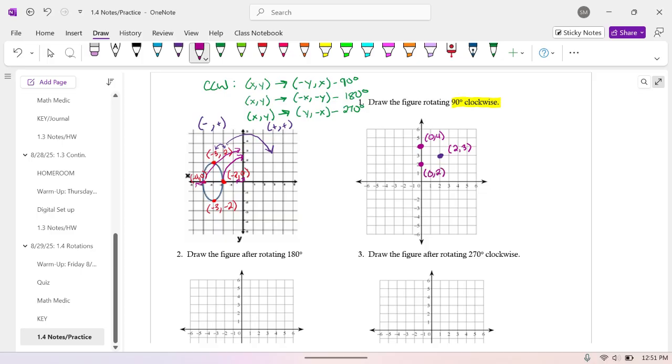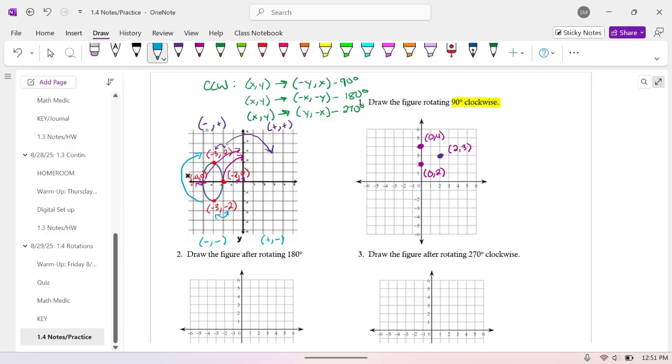Now, my last point is right here in quadrant 3. So quadrant 3 is negative, negative. And just for reference, quadrant 4 is positive, negative. Now, since it's in quadrant 3 and I'm going 90 degrees clockwise, that means I'm going to end up in quadrant 2. So you start by flipping the signs, or not flipping the signs, sorry, flipping the numbers. So we're doing some form of 2, 3.